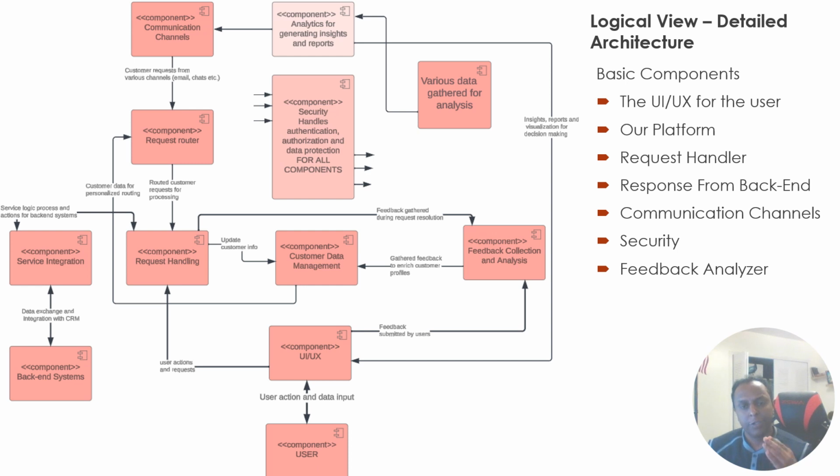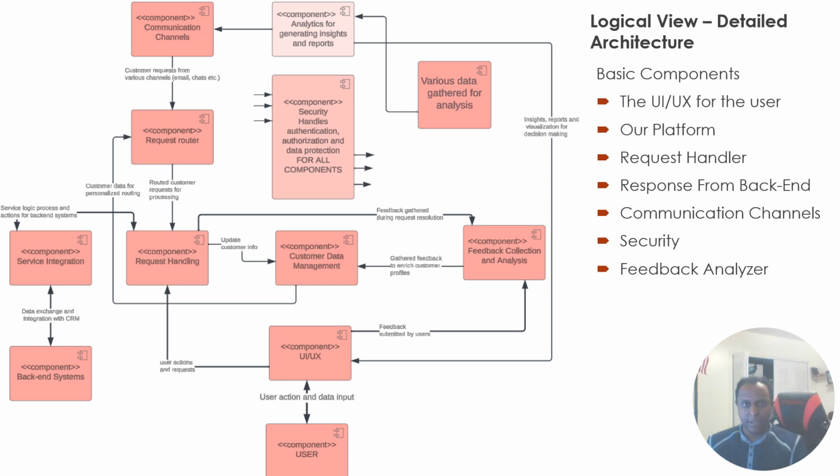So going to the logical view, which is a detailed architectural exposition. I know this looks a bit complicated, with a lot of arrows, but it's so simple. Just follow me.